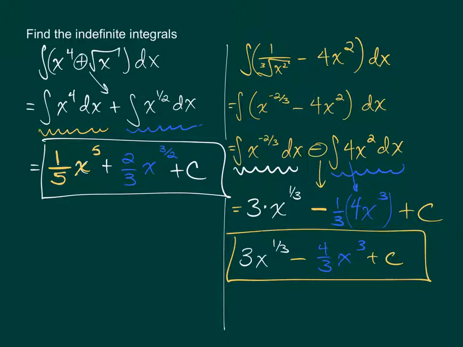So this 3x to the 1/3 power minus 4/3 x cubed plus c is the indefinite integral of what we started with. And again, you can check your work by taking the derivative of your final answer and see if you get what is on the inside of the integral, or what we call the integrand.